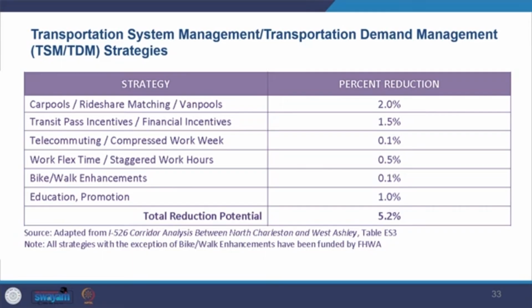Then telecommuting, compressed work week, like how the work pattern has been organized to handle the traffic. Then they are looking at the walk environment, how they are enhancing that, and how they are working on educating and promoting the sustainable pattern here. So you see those things here.